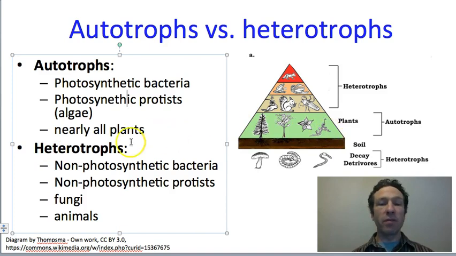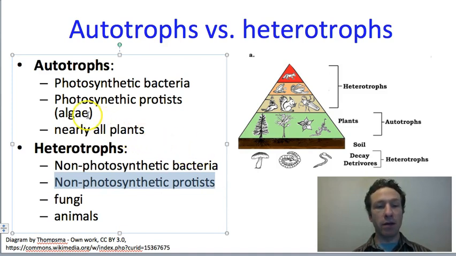Everything above the plants is called heterotrophs. This is going to include anything that is eating other organisms or absorbing organic compounds that were made by other organisms as their way of getting energy and carbon. So this would include non-photosynthetic bacteria. It would include non-photosynthetic protists, in other words, the protists that are not algae.